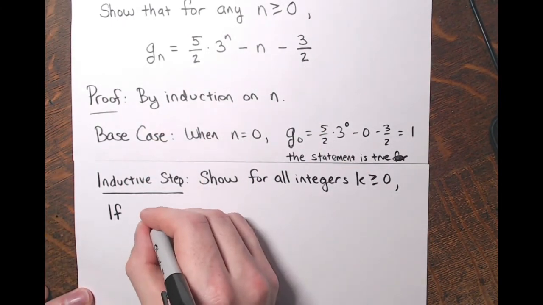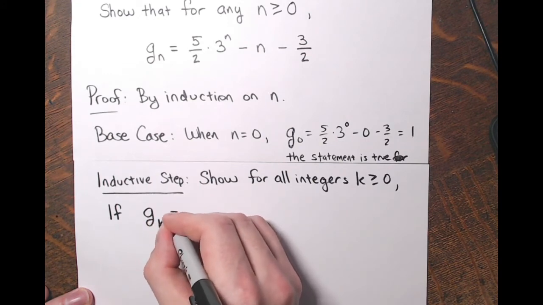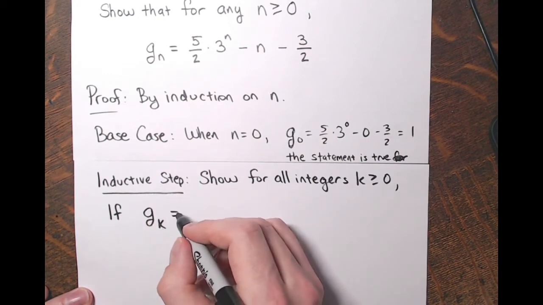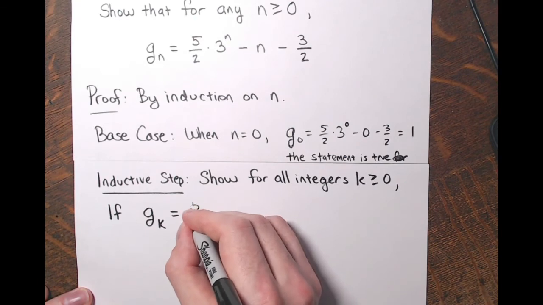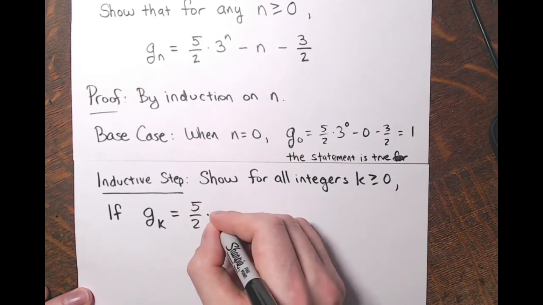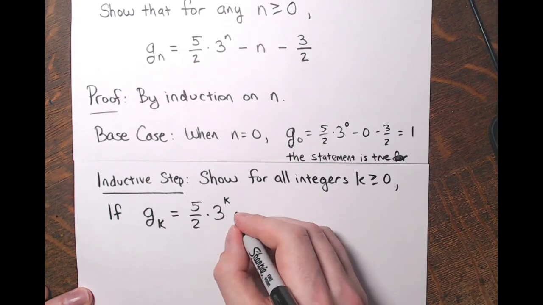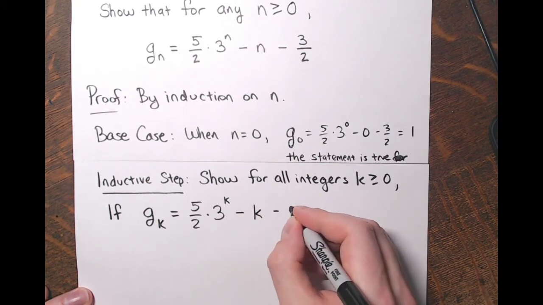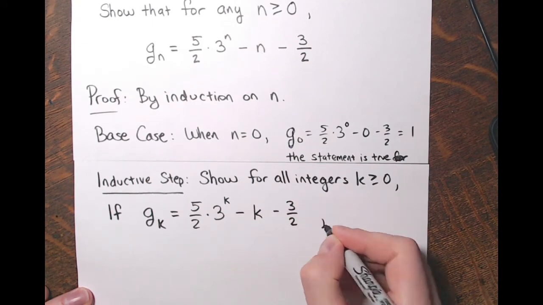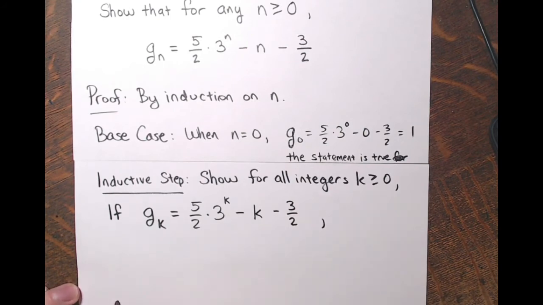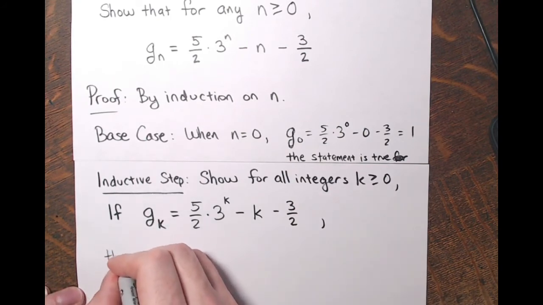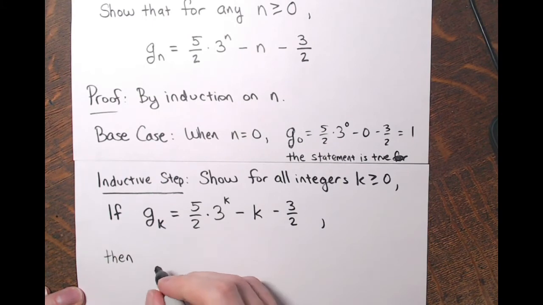So if when n equals k, the term of the sequence is actually going to be 5 halves times 3 to the k minus k minus 3 halves. We're going to show that if that is true, then the statement will be true when n is k plus 1 as well.